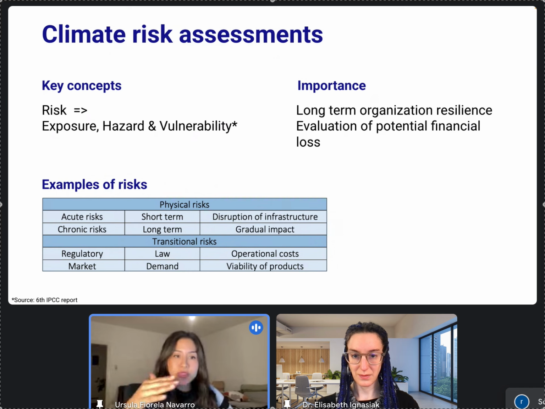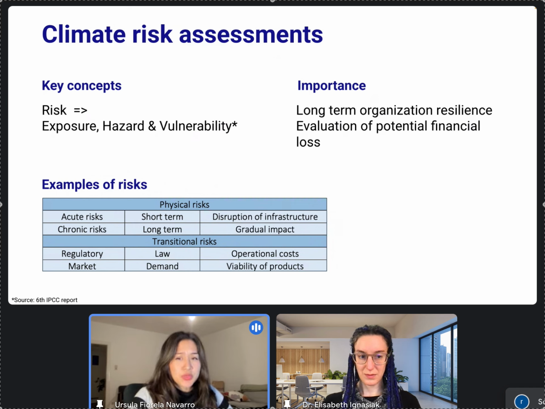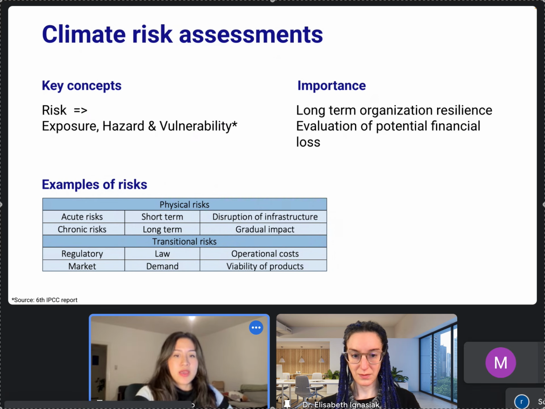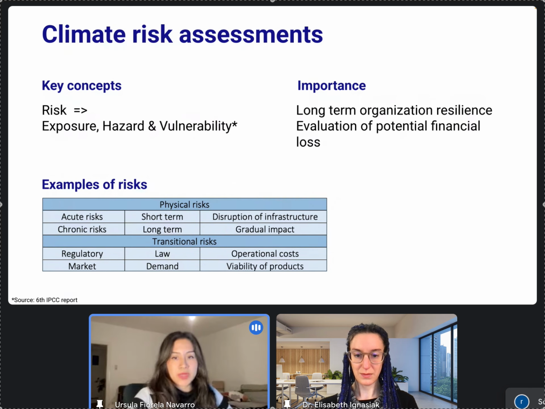So we have acute risks and chronic risks, and acute risks refer to those short-term, event-driven risks that can be caused by extreme weather events such as hurricanes, floods, and wildfires. These types of risks can interrupt the whole infrastructure of a company or can affect a supply chain.